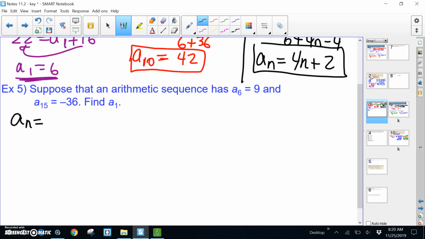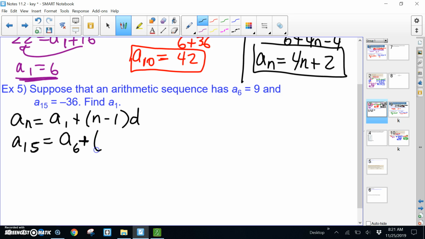Now remember, we've got this, but we can modify it in this way, okay? We can say that the 15th term is equal to the 6th term plus, and then watch this, the 15th term minus the 6th term times D, okay? Now think about it.